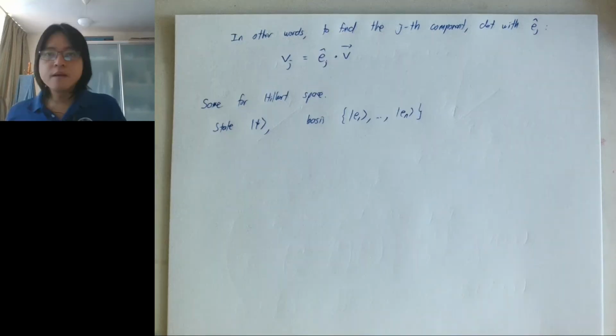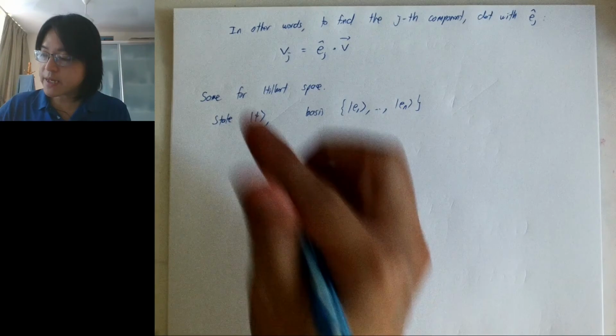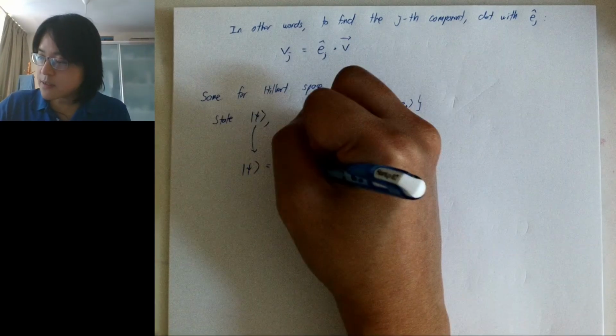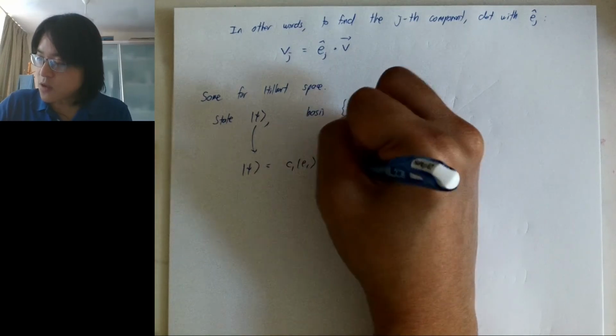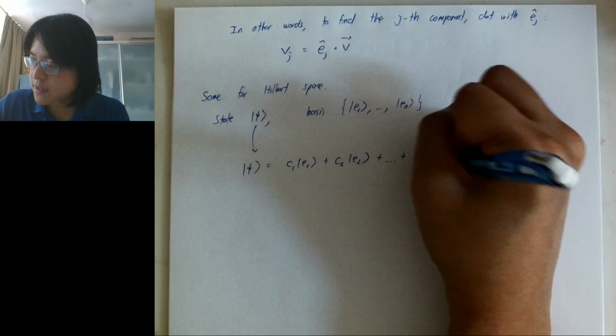Then I can expand this in terms of this basis. So this can be written as C1 E1, coefficient 2 E2, so all the coefficients until Cn En.